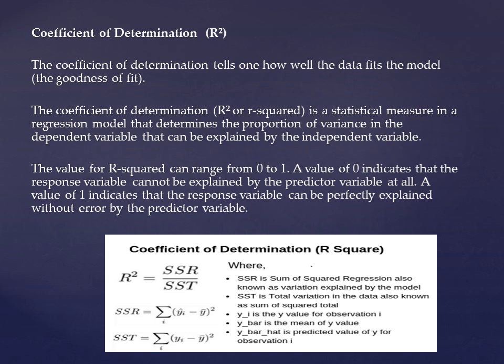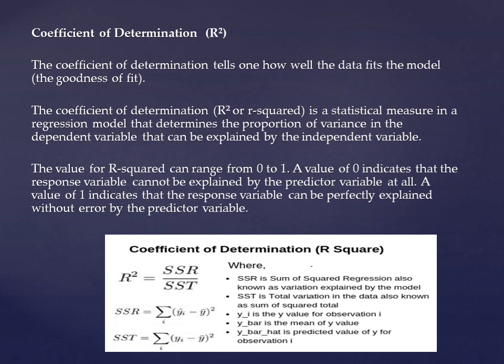Coefficient of determination. The coefficient of determination tells one how well the data fits the model, the goodness of fit. The coefficient of determination is a statistical measure in a regression model that determines the proportion of variance in the dependent variable that can be explained by the independent variable. The value for R square can range from 0 to 1.